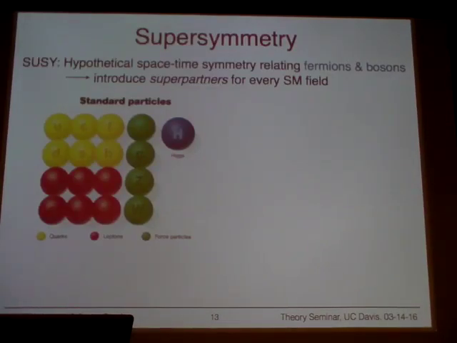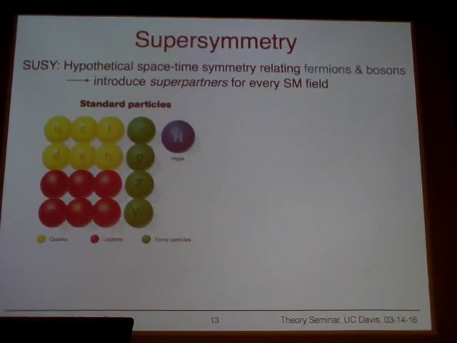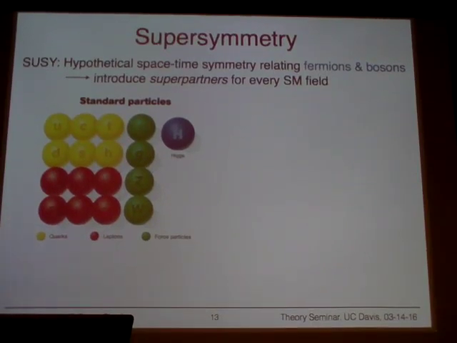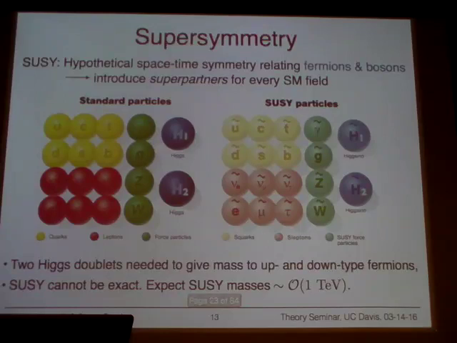So certainly you know the idea of supersymmetry: it's a hypothetical space-time symmetry relating fermions and bosons, and if you supersymmetrize the standard model, then you introduce a superpartner for each standard model field, which just differs in spin by 1/2. In addition, you have a second Higgs doublet in order to give mass to up and down type fermions.